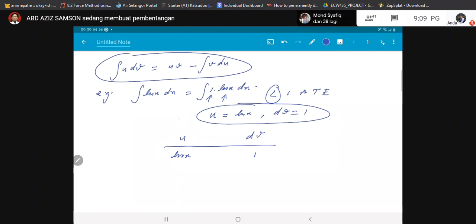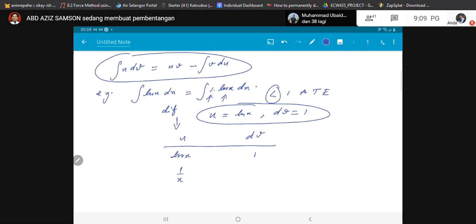On this part, we differentiate until we get 0, if we can get 0. If you differentiate ln x in the first column, the derivative is 1 over x, correct?